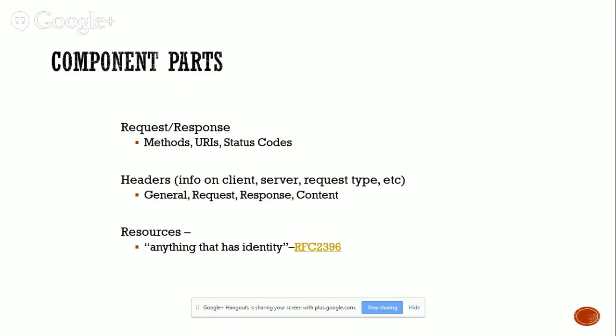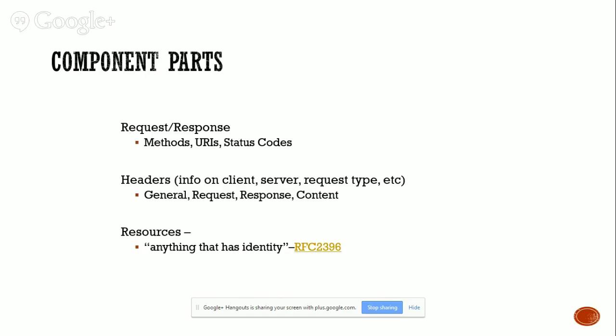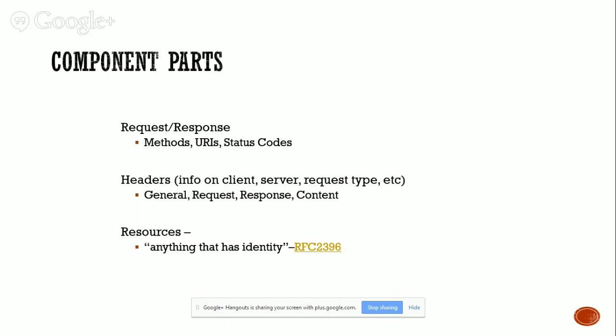So there are the methods, URIs, status codes, all the first line pieces of the messages. There are headers, and these can provide information to the client or to the server. It could be something related to the type of request that's being made. There are different types of headers, like general, request, response, and then content-specific headers.